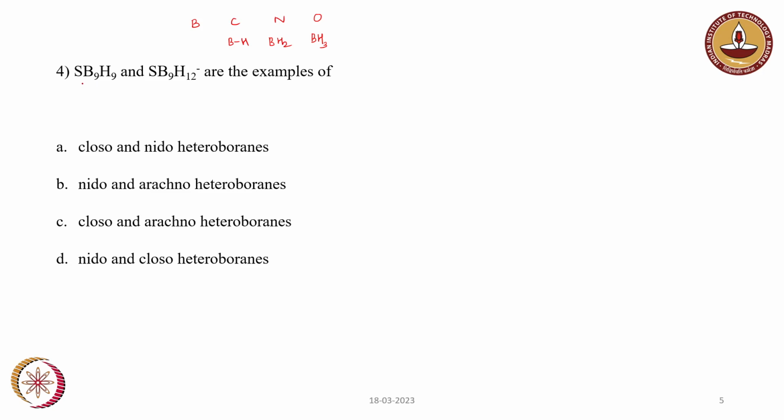So first we can calculate SCP for SB9H9. So SB9H9, BH3 for sulfur and B9H9 for the rest, and it will be represented as B10H12.